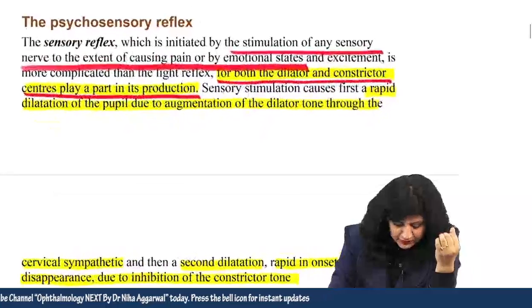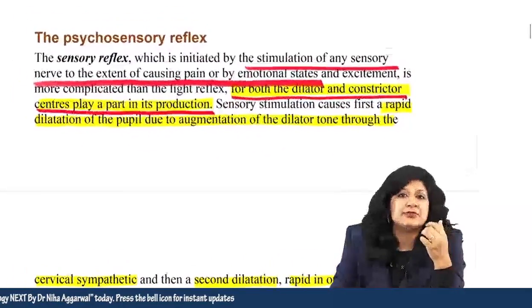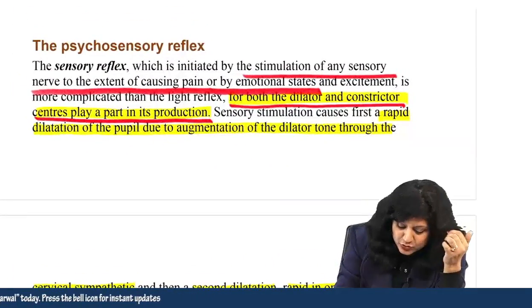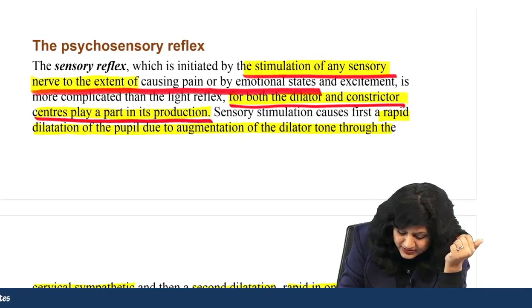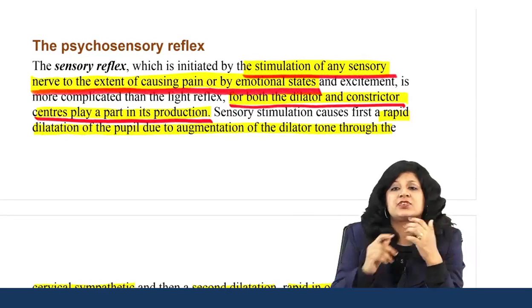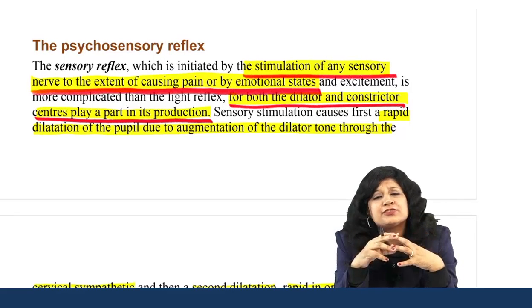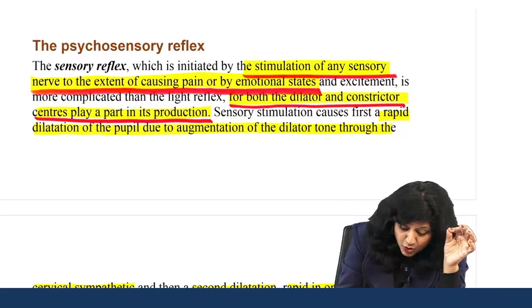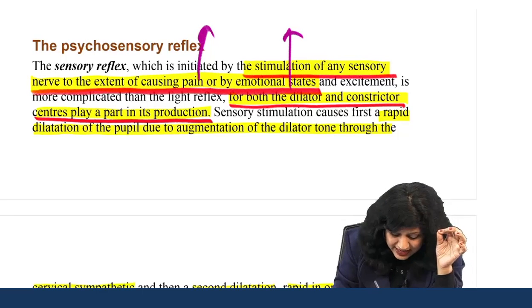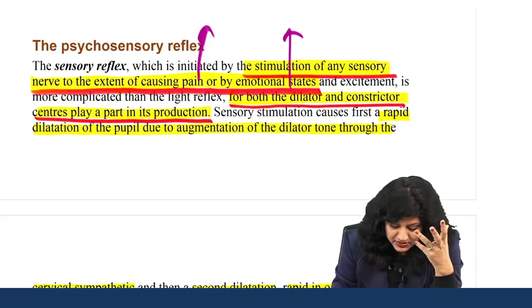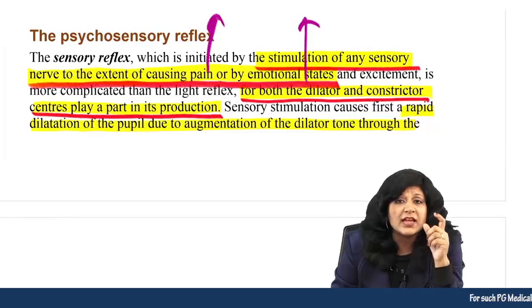Then we come finally to the psychosensory reflex. Psychosensory reflex is the one which is initiated by the stimulation of any sensory nerve to the extent which is causing pain or emotional stress. So if you have any kind of psychic condition which is strong enough to initiate pain, or it is causing an emotional state, any kind of excitement, then it is called a sensory reflex.